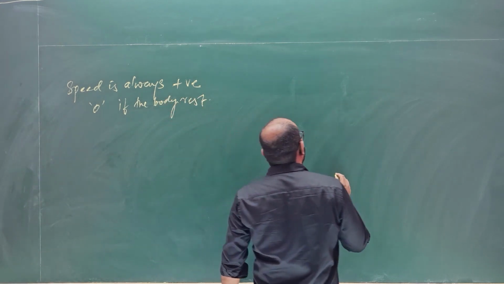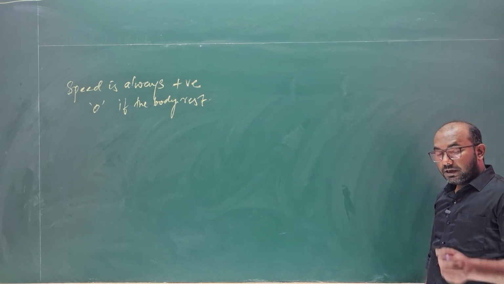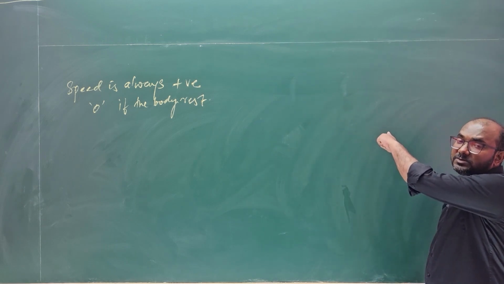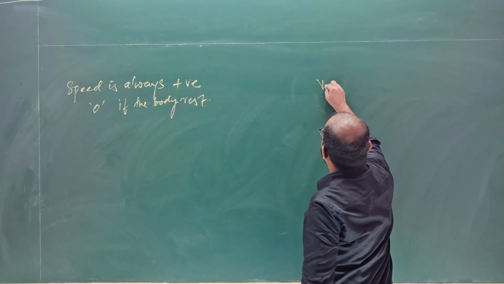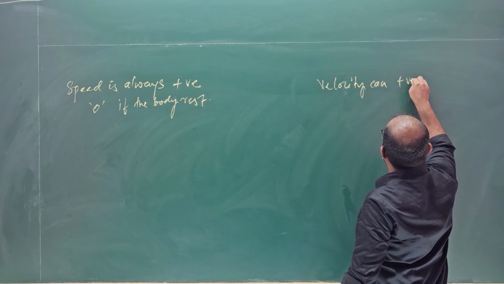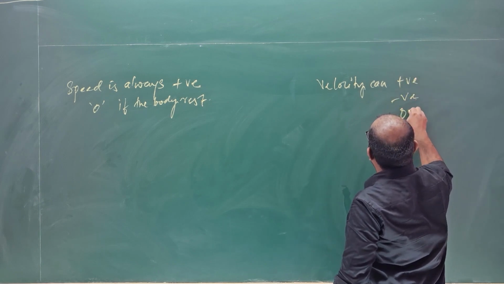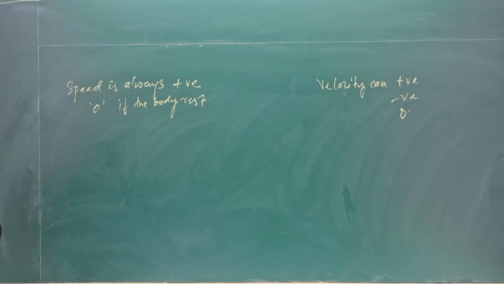Similarly, in the velocity column, can velocity be positive? Yes, as it is associated with displacement, velocity can be positive, negative or 0.